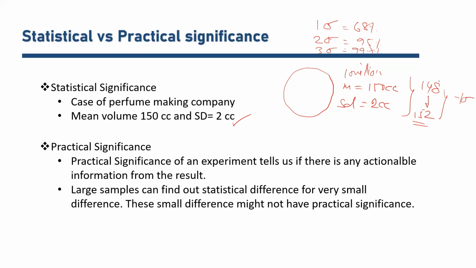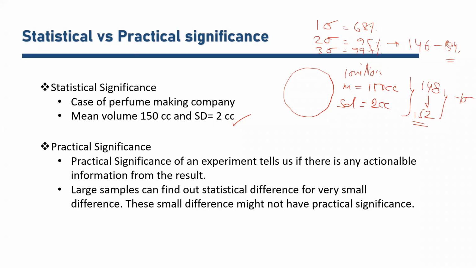So if I say it comes somewhere around 148 to 152, you can confidently say that 68% of my bottles are going to be in this range, and 95% of the bottles are going to be in the 146 to 154 range, right? So you are making an assumption based on the standard deviation, right?